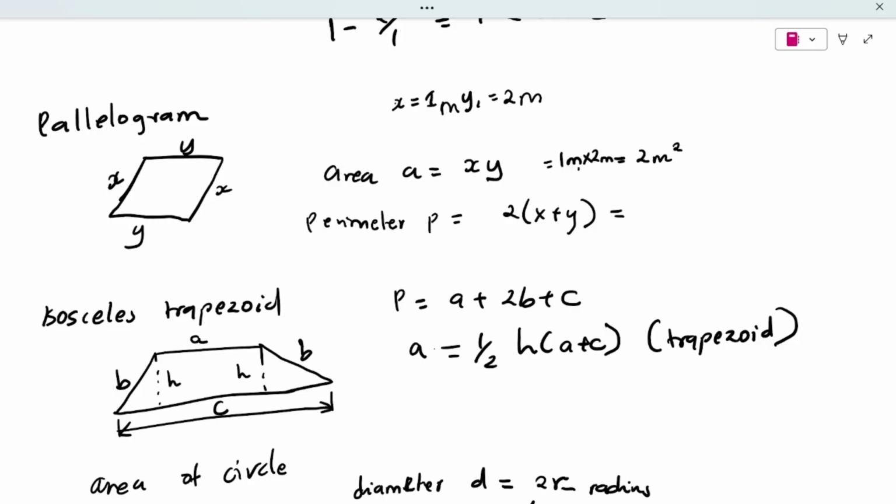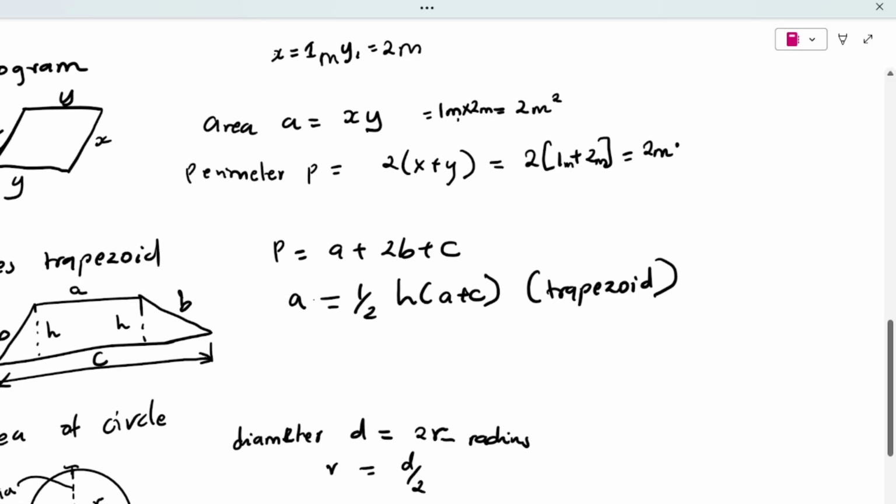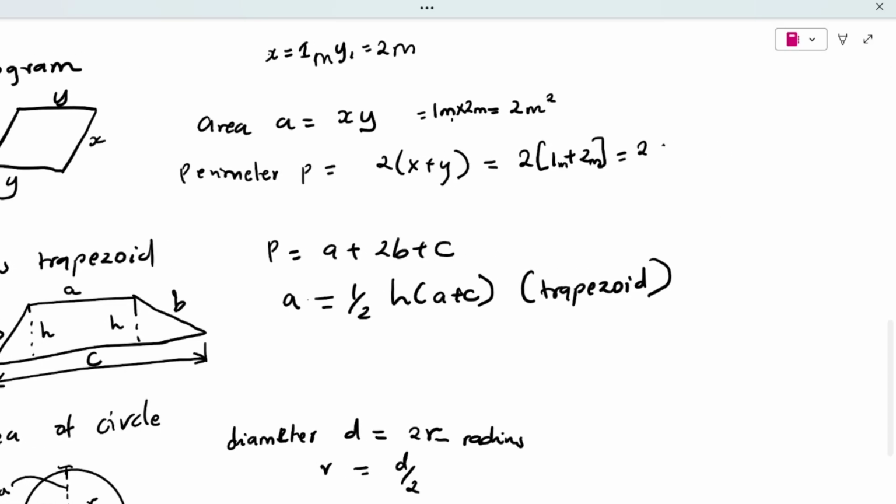And for the perimeter, it goes to 1 plus 2, which is 3 meters, and here there's 2 times, so it's 2 times 3 meters, which is 6 meters.